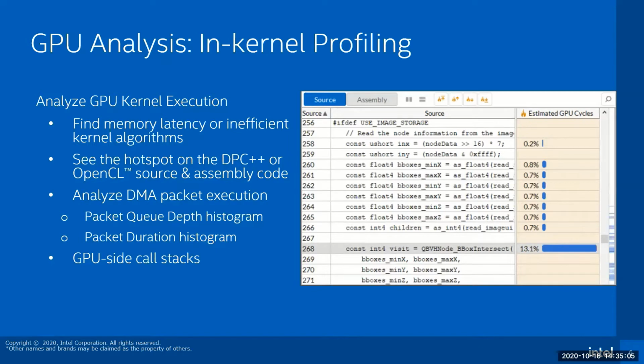At the same time, from the CPU side, the DMA packets being sent for execution, the jobs being sent for execution in the queue for GPU, can be analyzed as well, and VTune provides different views on this execution, like histograms or queue depths and things like that, and all these execution commands go along with their call stacks collected during analysis.